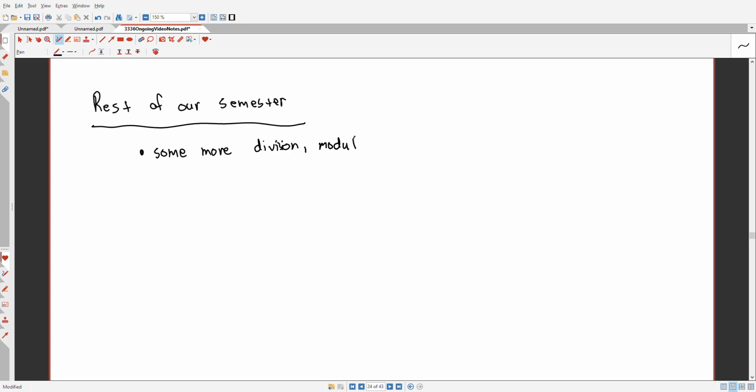Not a whole lot more, but a little bit. And then after that, I want to make sure we talk about something called the pigeonhole principle. This is not a very long or deep thing, but it's good to see this in action. And then finally, I want to finish up the rest of this crazy semester with counting arguments.